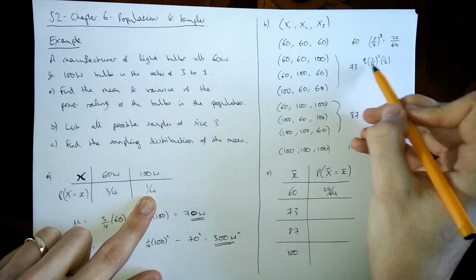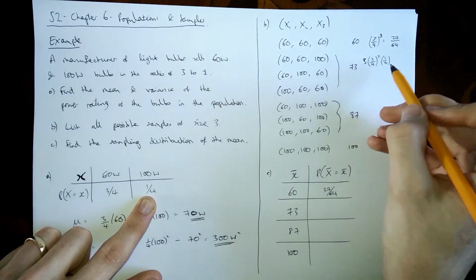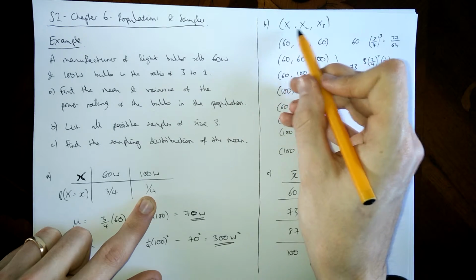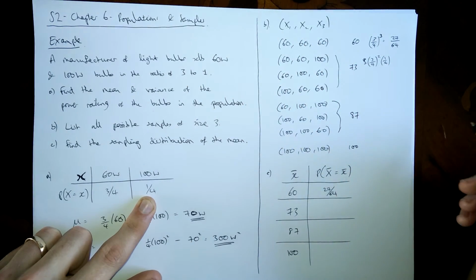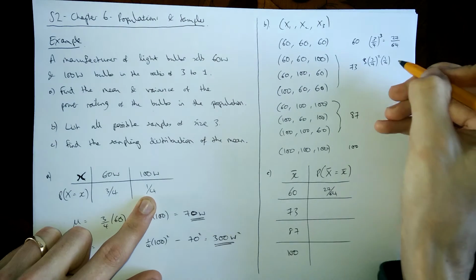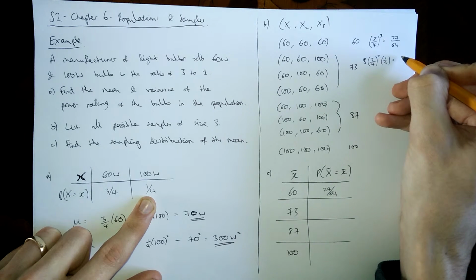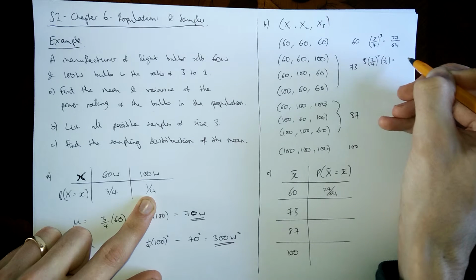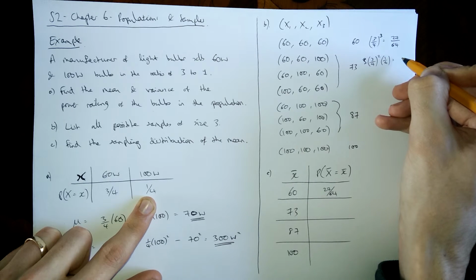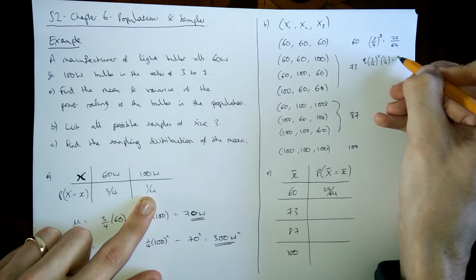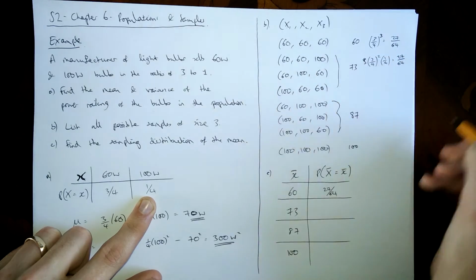Oh, this looks very familiar. This is a binomial distribution. X1, x2, x3 here. This mean, I think, is binomially distributed. So we've now got 3 times 9/64. So that's going to give us 27 over 64.